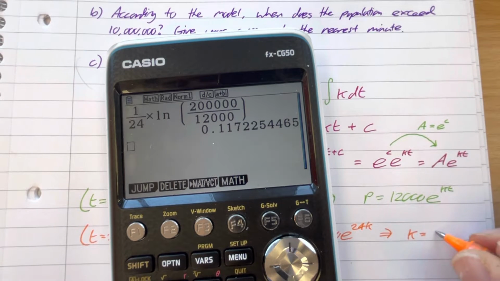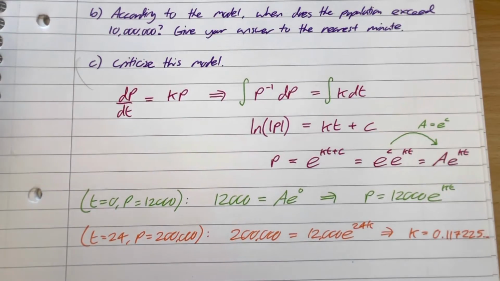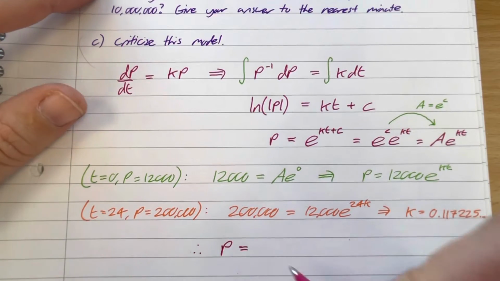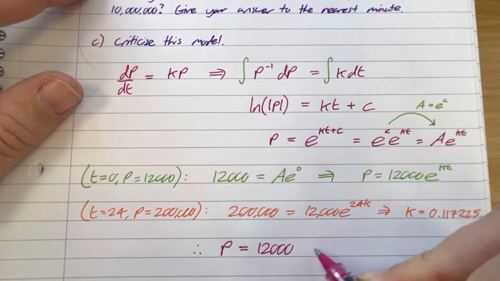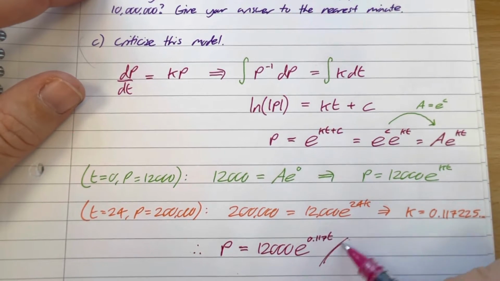And that gives me k is 0.117225 and so on. I'm going to write my answer with 3 significant figures there. So therefore P is equal to 12,000 e to the 0.117t. Okay, there we go, that's P in terms of t.